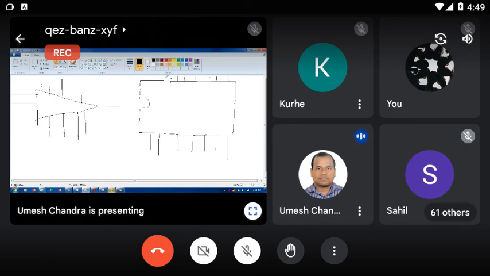How do you identify the pin numbers? This cutting position is known as the notch. Lower to the notch, you count pin number 1, left to right: 1, 2, 3, 4, 5, 6, 7. The upper side is right to left: 8, 9, 10, 11, 12, 13 and 14.